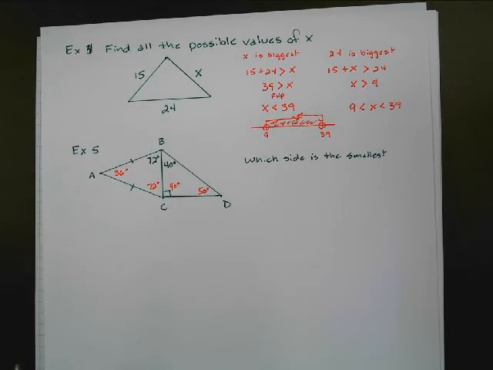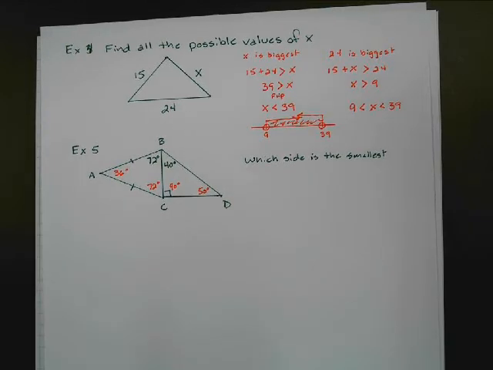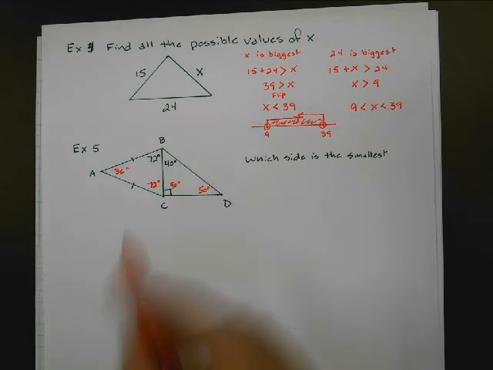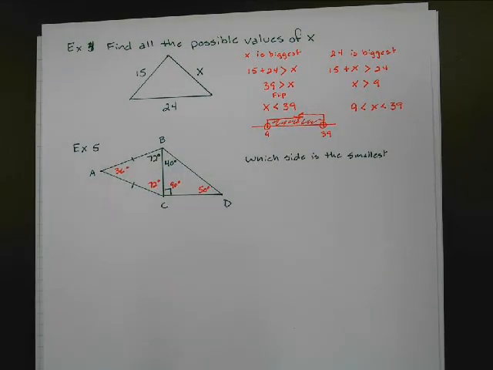All right, of all these sides here, which one is the smallest? Look at it real close. Remember we said that the smallest side is made by the smallest angle. Did you pick BC? Well, you're wrong. It's not BC. And now you're saying, wait a second, you said the smallest side made the smallest angle.